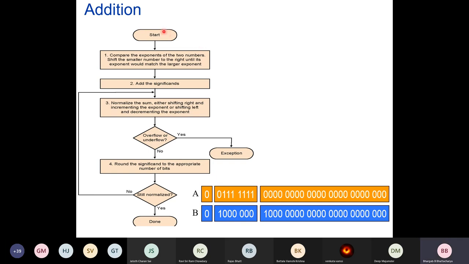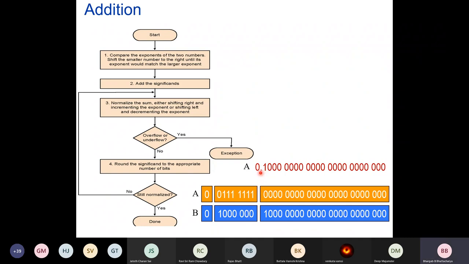So here is the flow of the addition process. You compare the exponents of the two numbers, and shift the smaller number to the right until its exponent matches the larger exponent. For example, in this case, this has the smaller exponent, and therefore I restored the 1 here, 1 followed by all zeros, and then I'm going to shift this content towards the right by 1 bit because there is a difference of 1 in the exponent field.